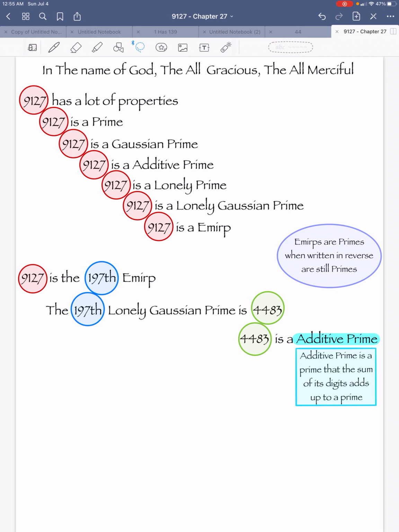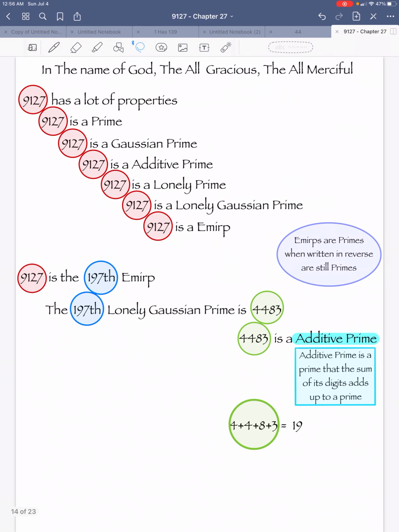In this case, that means if we add the 4 digits in 4483 together, the result should be a prime number. Well, it is. If we add 4 plus 4 plus 8 plus 3, we get 19, and 19 is a prime number.